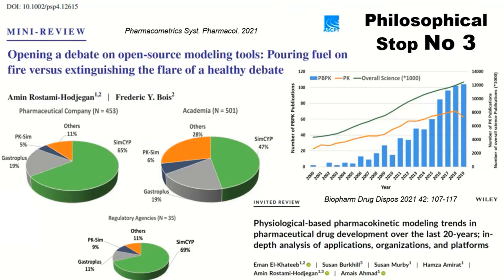This helped us to start the debate with some other colleagues who were questioning the value of closed source modeling against open source code modeling, which was the common way of modeling by writing your own code and every equation and so on.